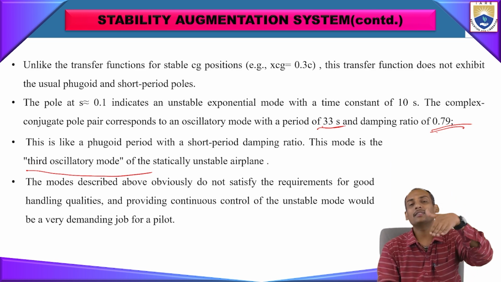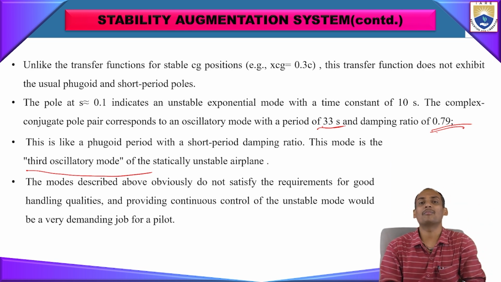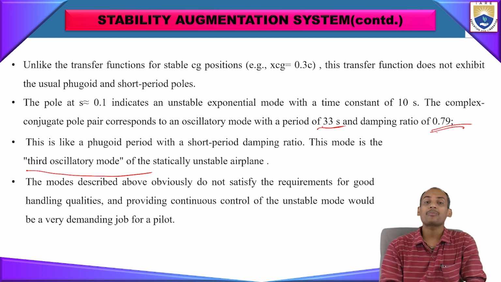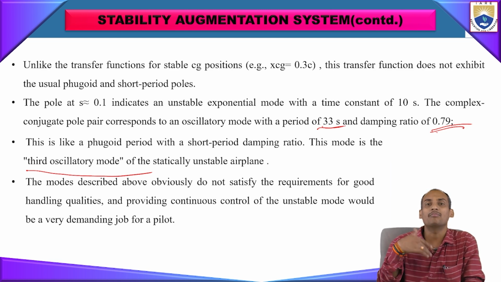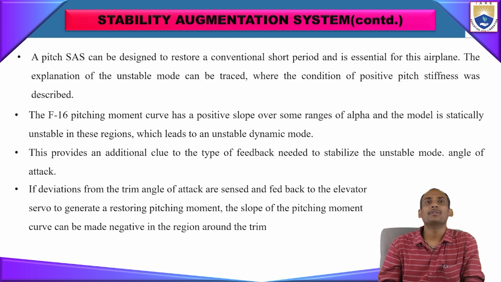If the aircraft is at that level of instability, it is very hard to bring it back to a stable condition. So the pilot should avoid this operational condition. The pitch SCS can be designed to restore the conventional short period, which is essential for this airplane.